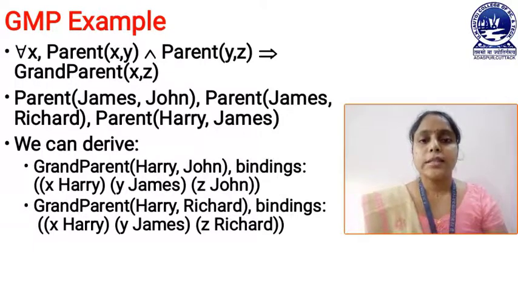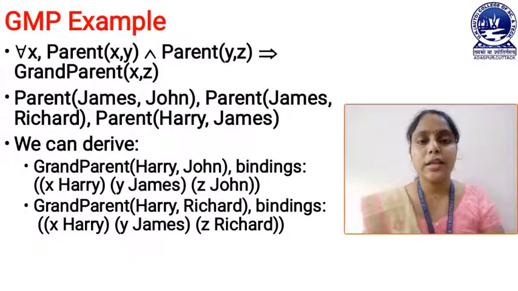The most important things are universal instantiation and existential instantiation. In universal instantiation, you have to remember that instantiation can be used more than once in your knowledge base to add new sentences. But existential instantiation can be applied only once to our knowledge base.